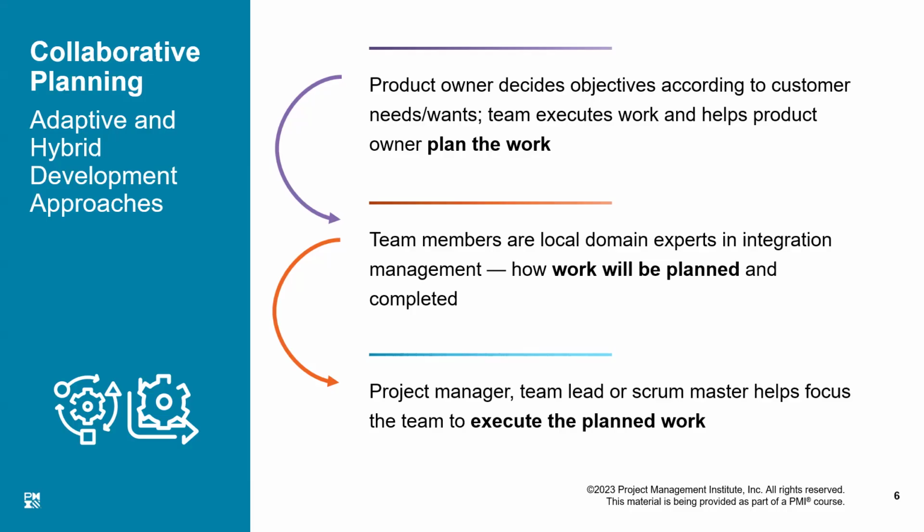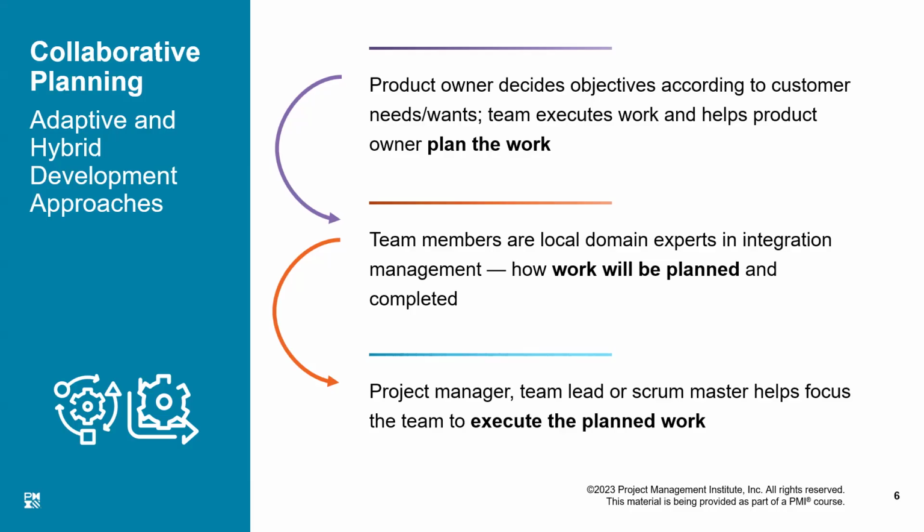Because they are planning one iteration at a time, it is not a very difficult job. Unlike the predictive project, we are not planning everything upfront, but we are only planning for one iteration, which is comparatively much, much simpler. So team members are local domain experts in integration management.